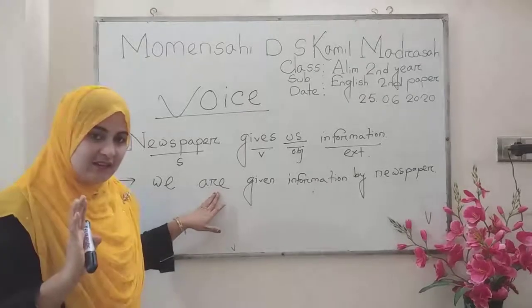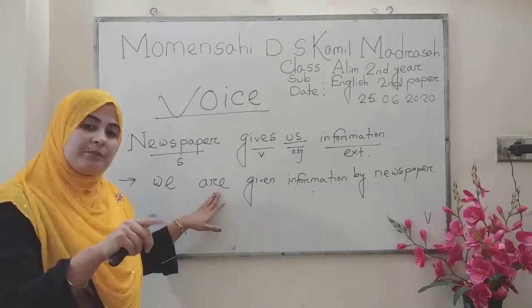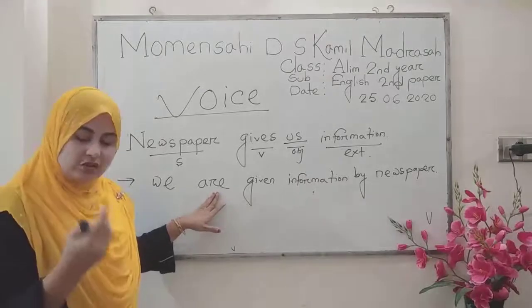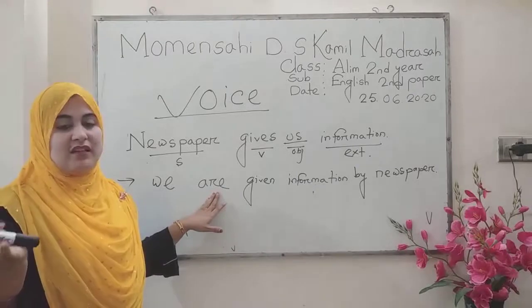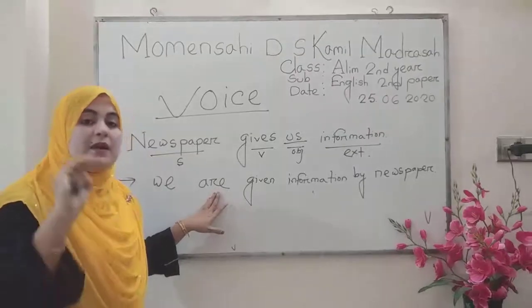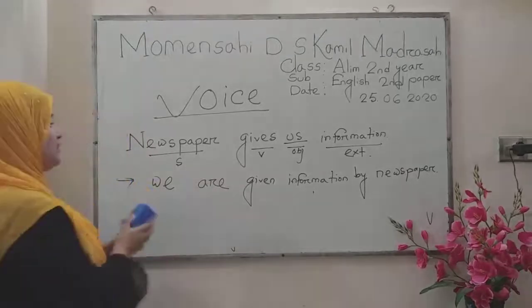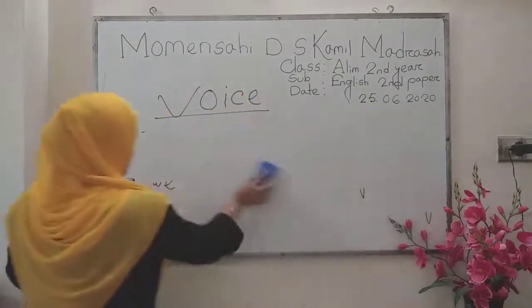Am I clear? Am, is or are is used if it is present indefinite, and also was or were is used if it is past indefinite. Again, I also give an example in past indefinite tense.